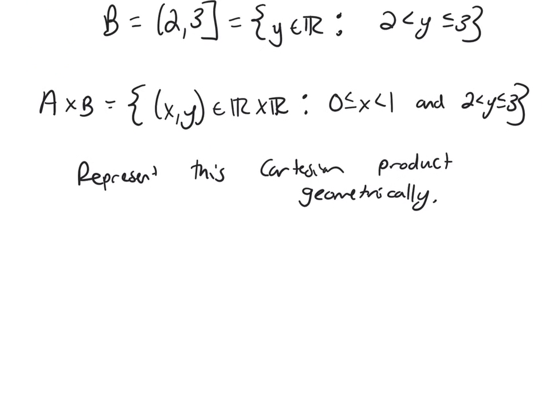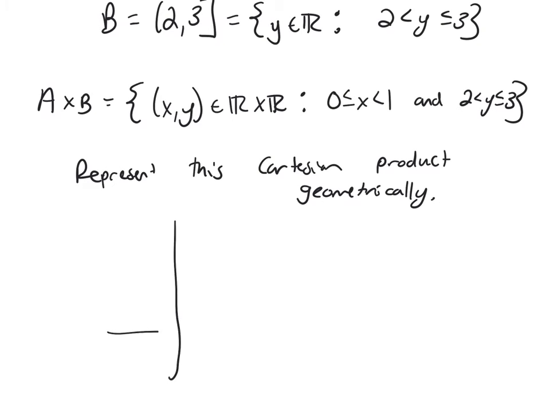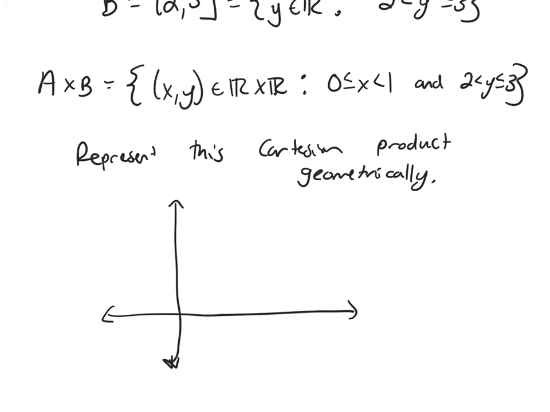So let's try to represent this geometrically. I'm looking for the set of all points whose x-coordinate is between 0 and 1. I do want to include 0, but I don't want to include 1. And then y needs to be between 2 and 3, not including 2, but I am including 3.